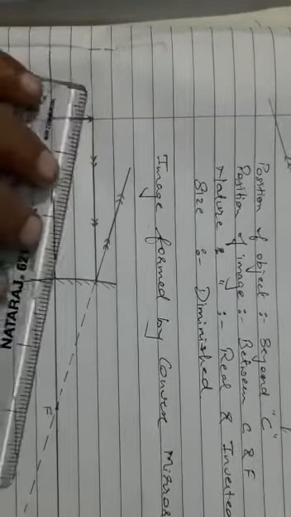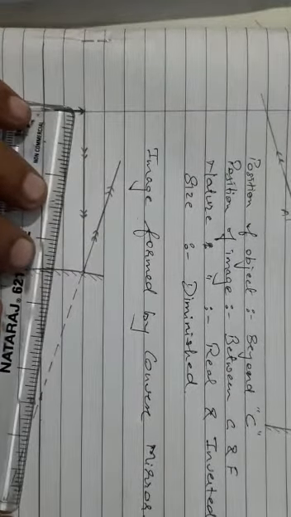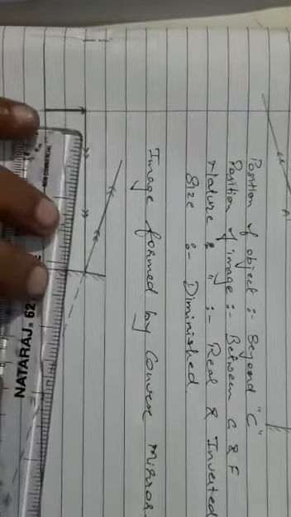Now, furthermore, it should pass through the center of curvature. It should pass through the center of curvature. Another line which should pass through the center of curvature.